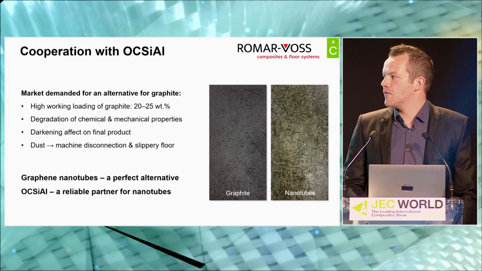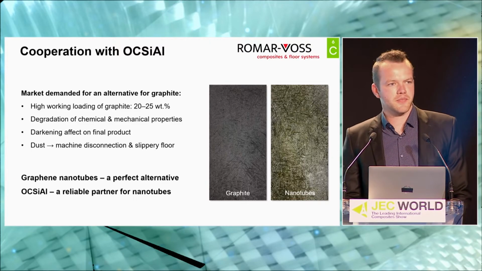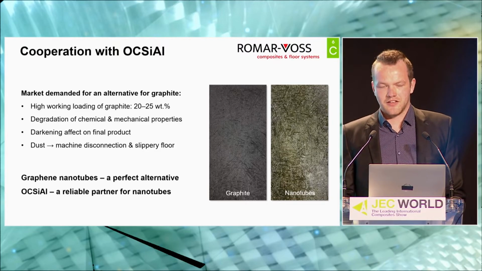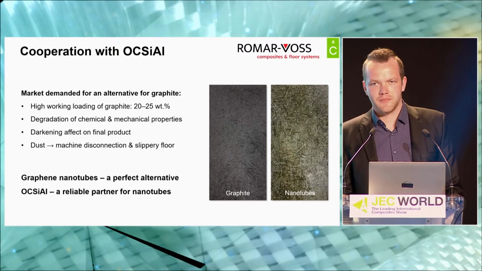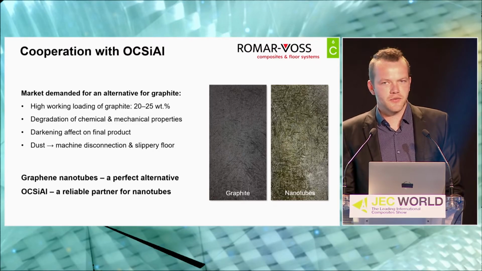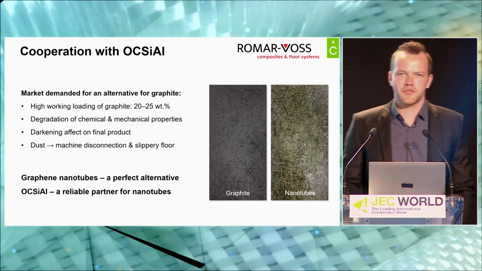So why are we choosing the nanotubes in our conductive products? First of all, as you may all know, the graphite has some negative effects on the chemical and mechanical properties of the final product. This is due to the high working load of graphite, approximately 20 to 25%.